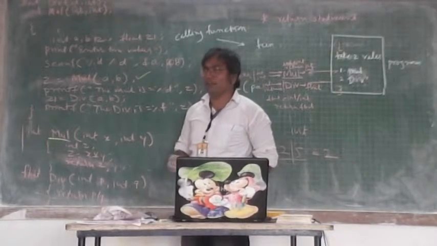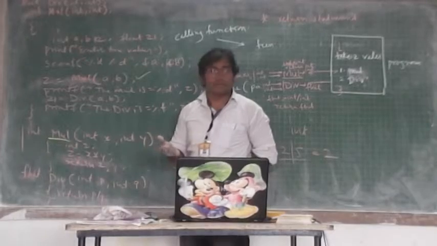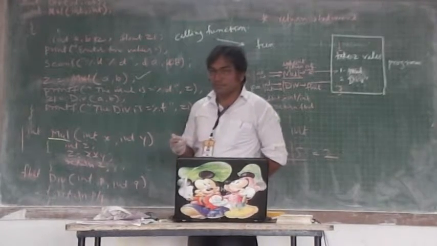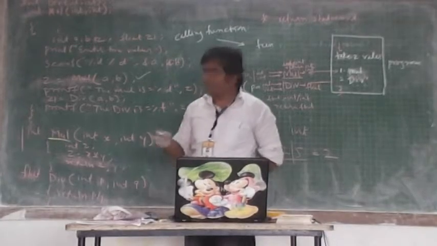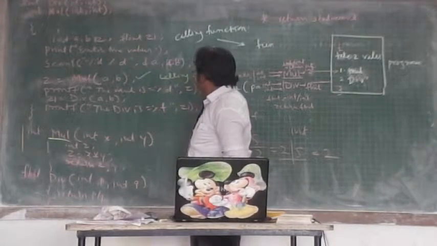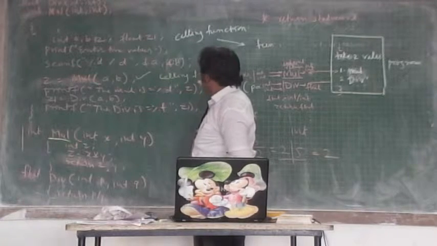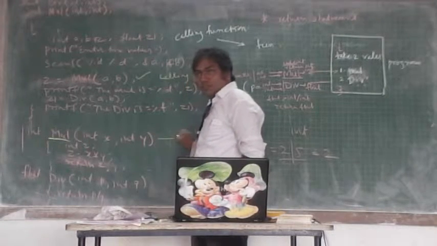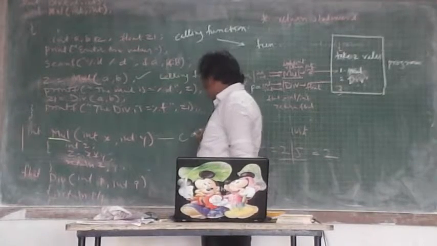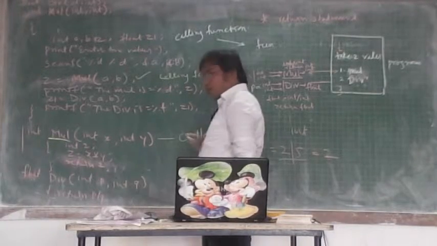gets assigned to the formal parameter of the called function. What is the calling function here? Who is calling and who is called? He is the calling function, and he is the called function.